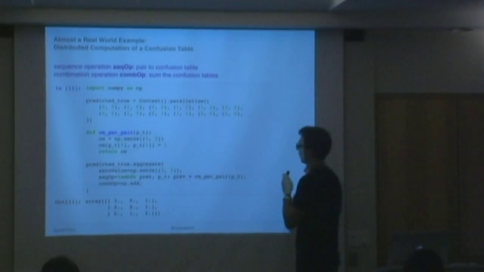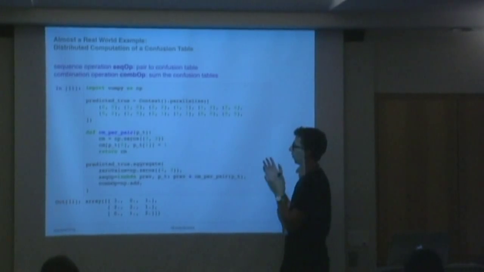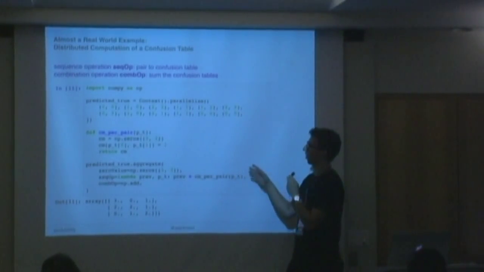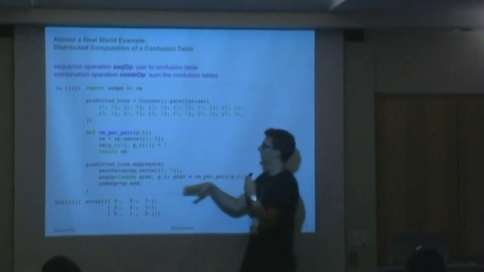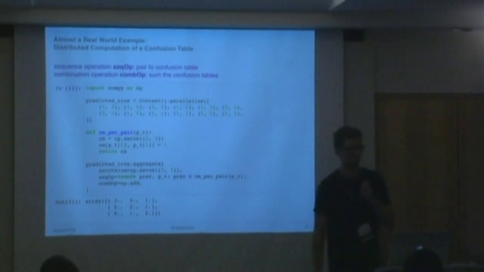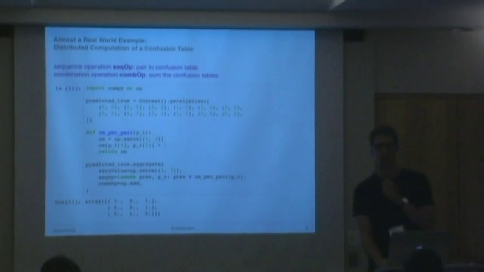In a distributed setting, you actually do this on several partitions in parallel. So at the end of your sequence operations, you want to combine the result of all the operations per partition. So you have to specify what you want to do with that. In NumPy, you can just add two arrays.